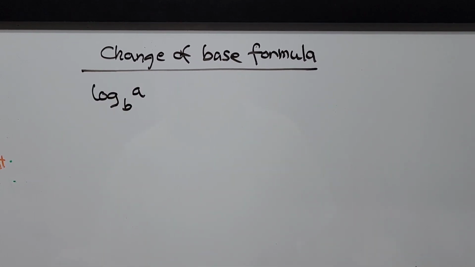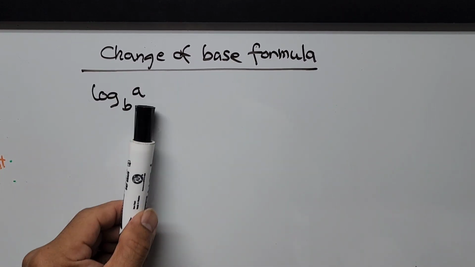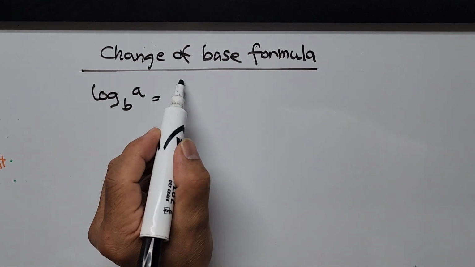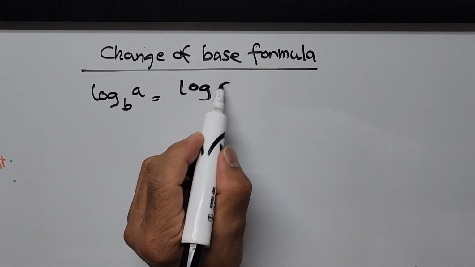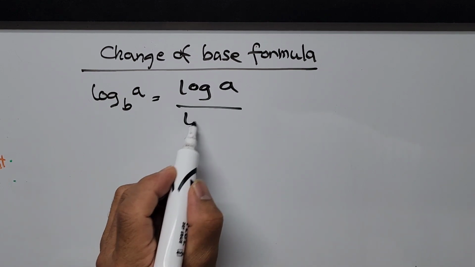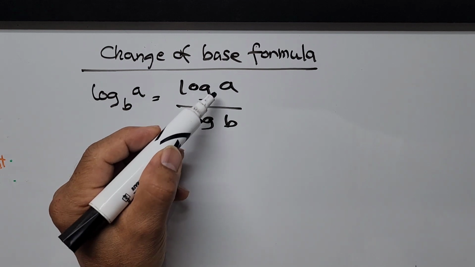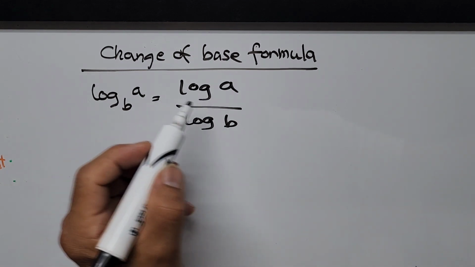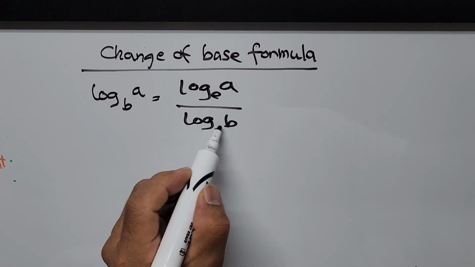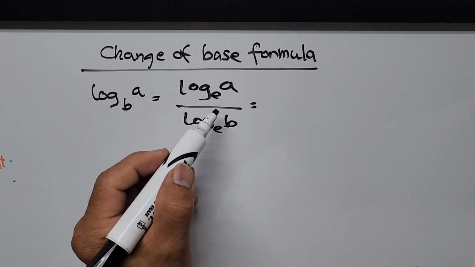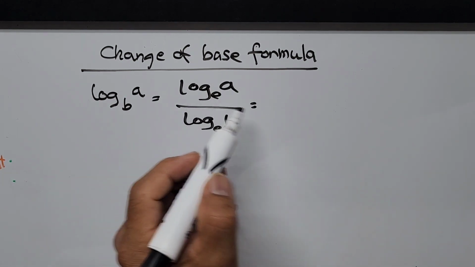So if we have this expression, log of a base b, this can be written as log of a divided by log of b. And here the base can be any number, right? If you put e over here, that will become log base e, I should say, which is the natural logarithm, right?